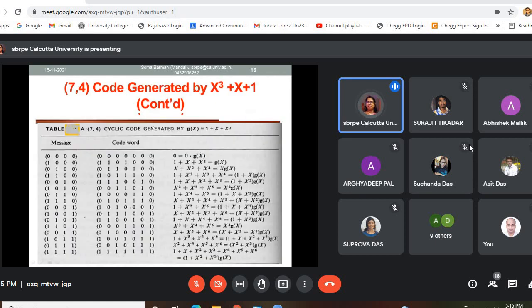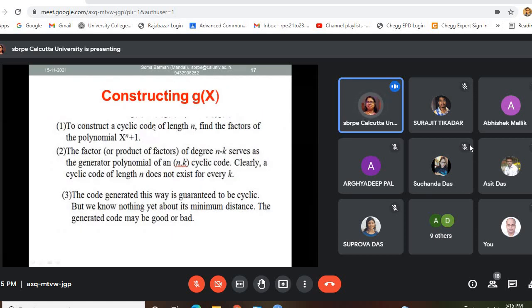So you have to first find the generator polynomial, and if your code length is n, the generator polynomial should be a factor of the polynomial x^n plus 1. The factor or product of factors of degree n minus k serves as the generator polynomial of the (n,k) cyclic code. That I have already mentioned, and I am explaining all these things by an example.